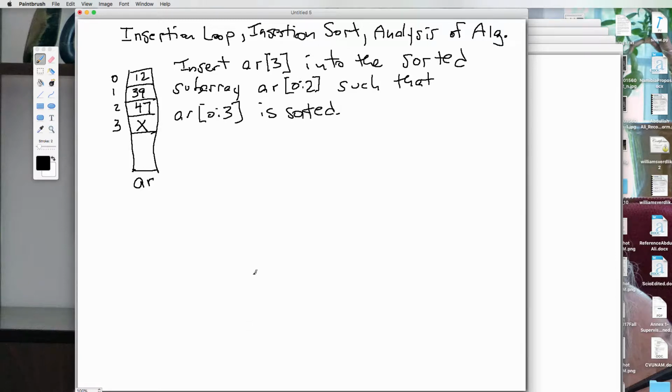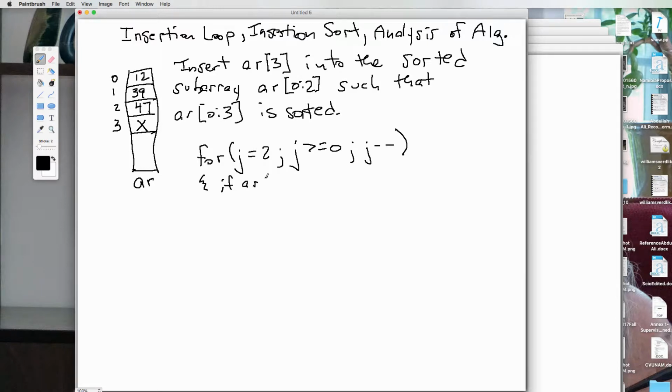And we came up with the following loop for doing this. We said something like the following. For j is equal to 2, while j was greater than or equal to 0, j minus minus.